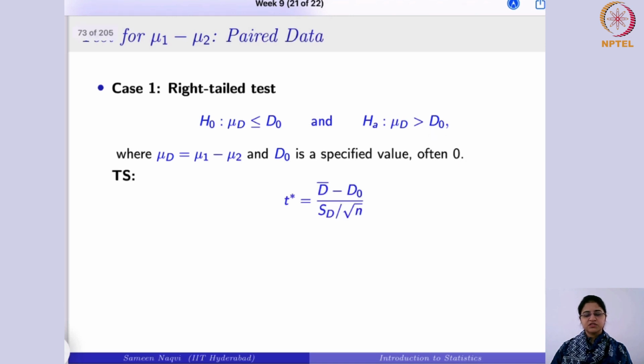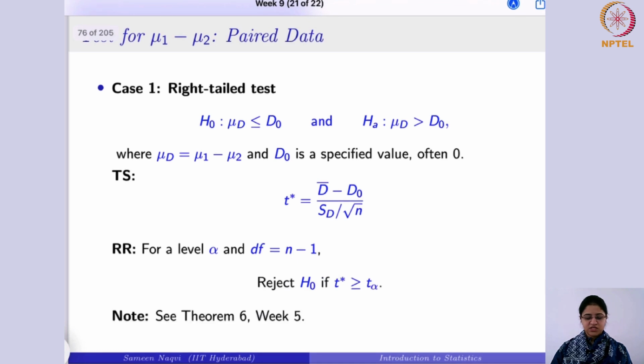So obviously the test statistic in this case would be d bar minus d naught over sd by root n, right? This we know from theorem 6 in week 5. There also, if you can recall, we have d bar. So d bar is 1 over n summation di's, right? And what are di's?